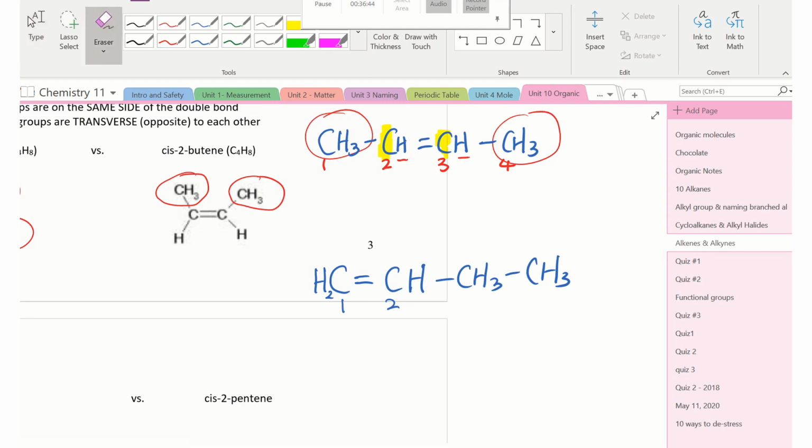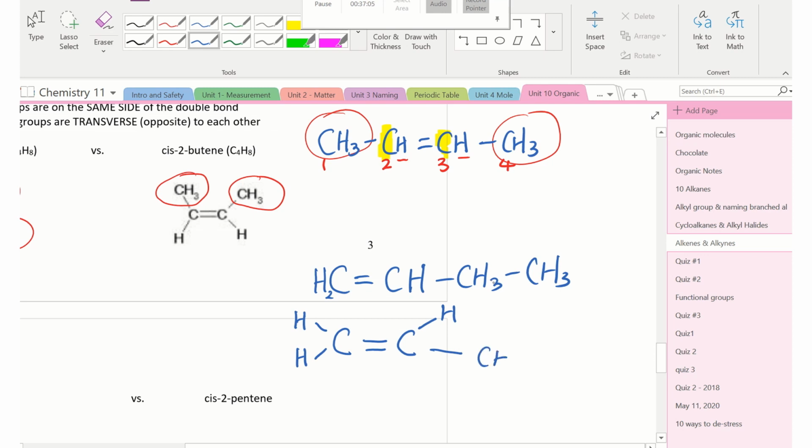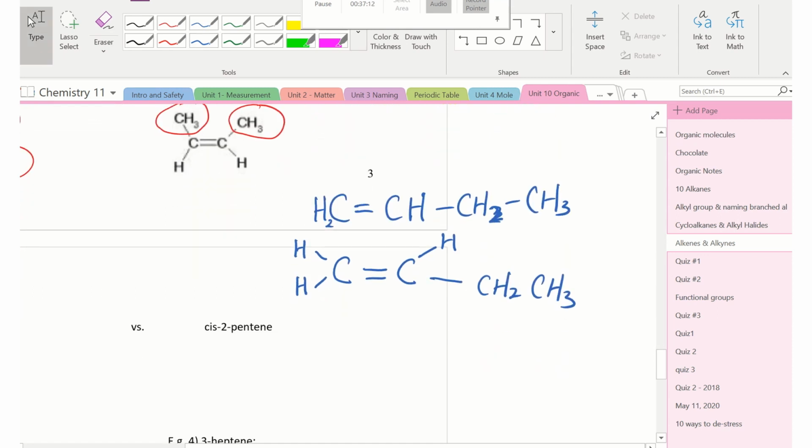The reason for that is it's easier if you draw the full structure. So for the first carbon, there are 2 hydrogens. And for the second carbon, there's only 1 hydrogen. And then what is bonded to it, this should be CH2, CH2, and CH3. So this is 1-butene, 1, 2, 3, 4.